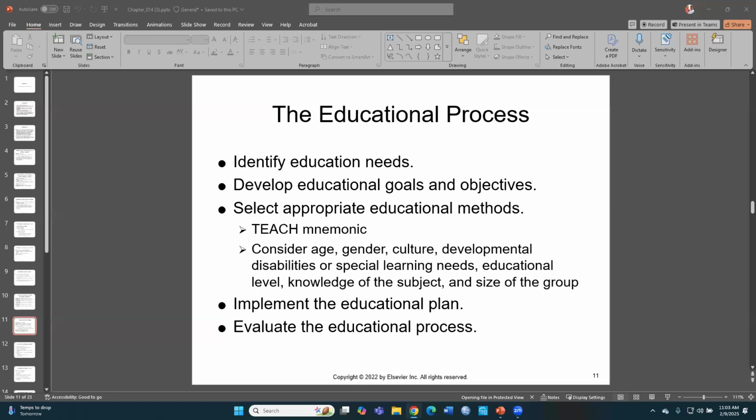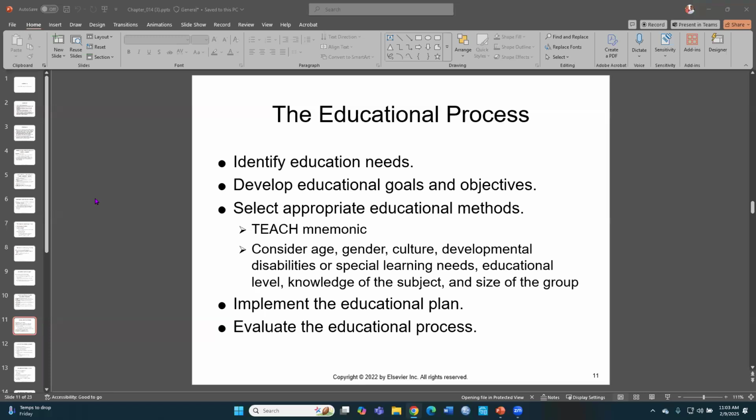And then making sure that it's in their native language, or a language that is age appropriate or developmentally appropriate, so that we can make sure that we are giving accurate information that they can understand.